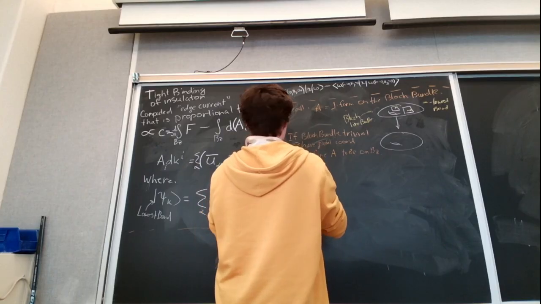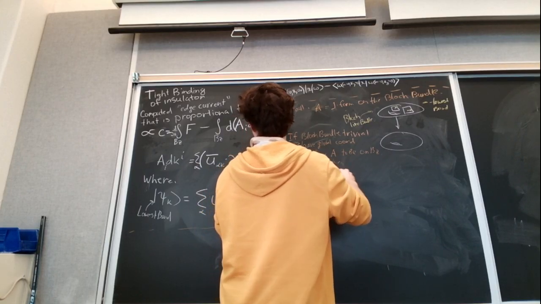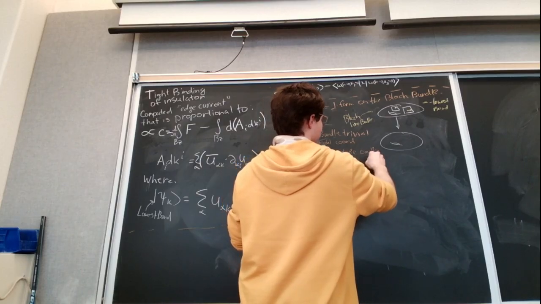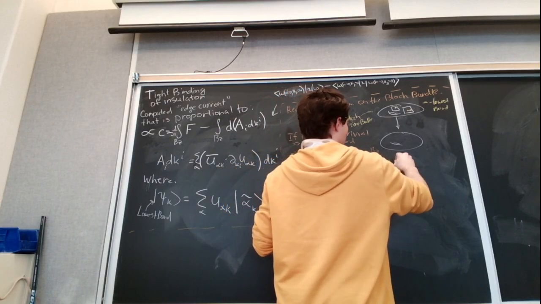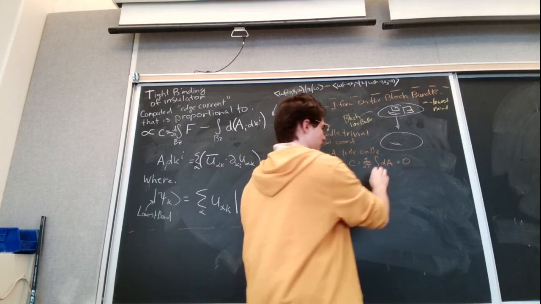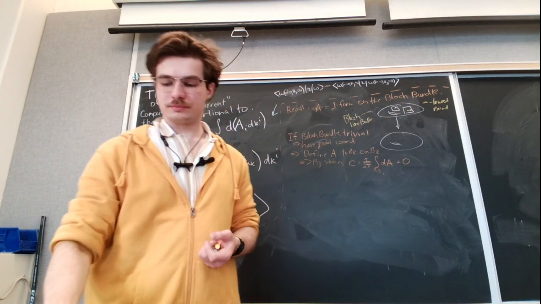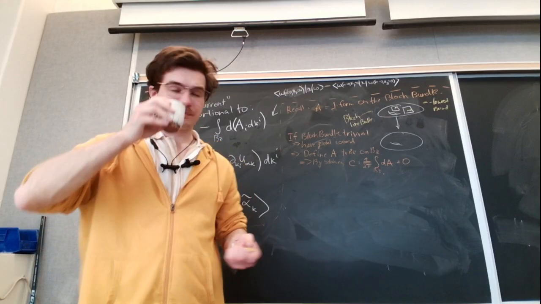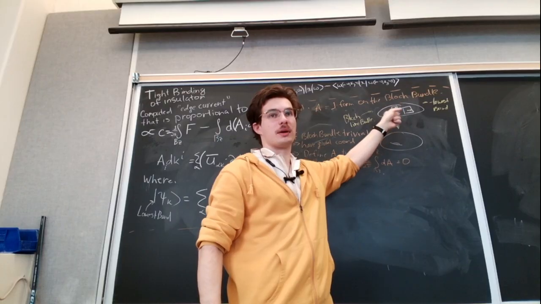And then by Stokes, the Chern number has to be 0, okay, by Stokes theorem. Do you agree? But this is if I can define global coordinates for this bundle, right?